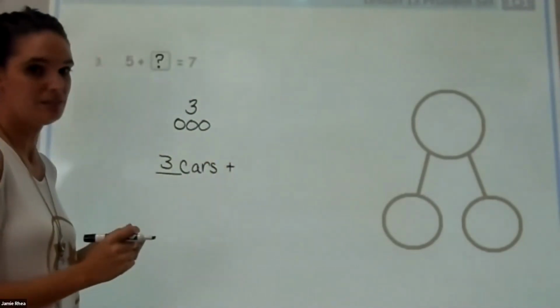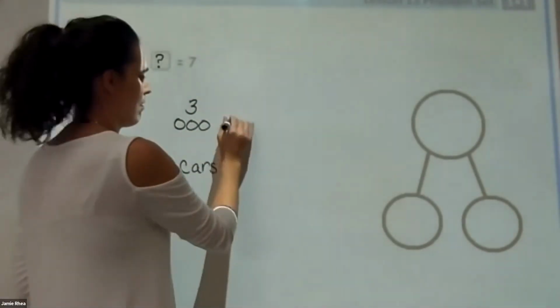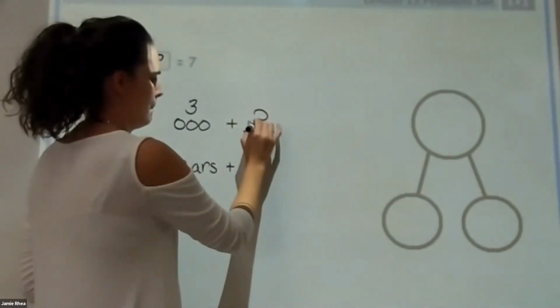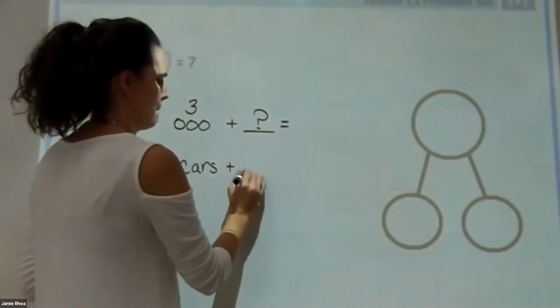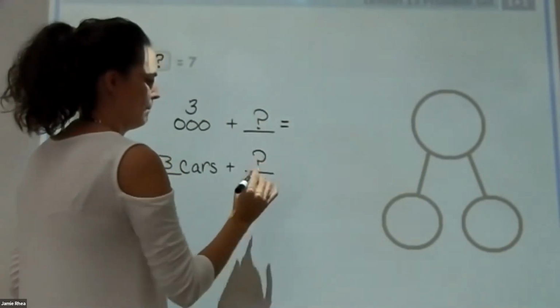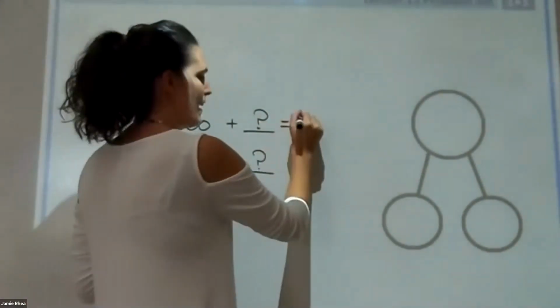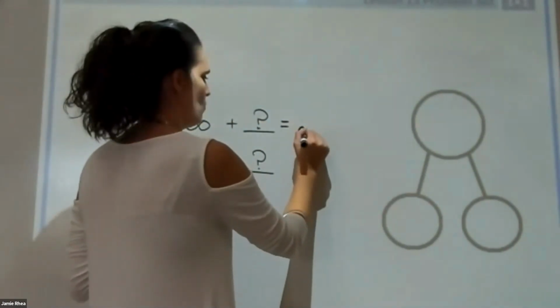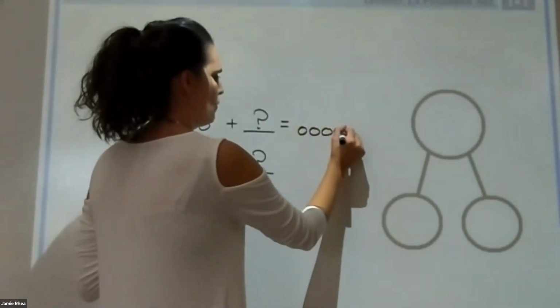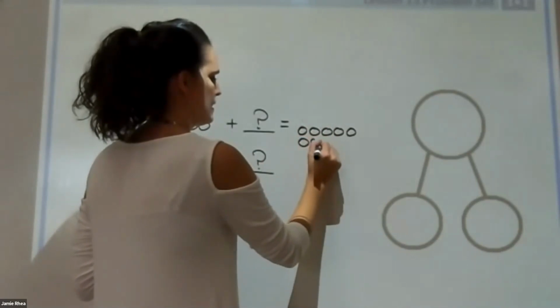His brother had some more cars. Together, they have 7 cars. 1, 2, 3, 4, 5, 6, 7.